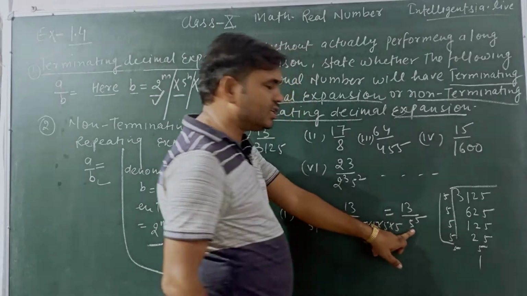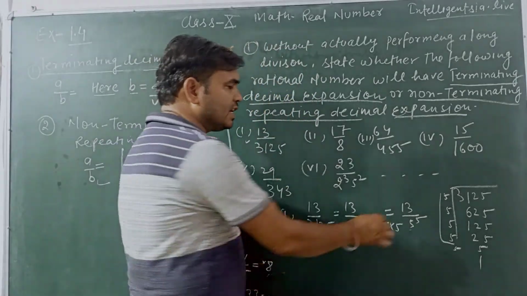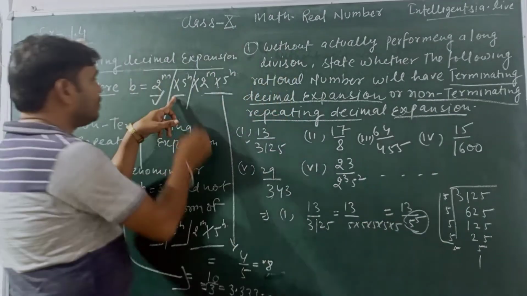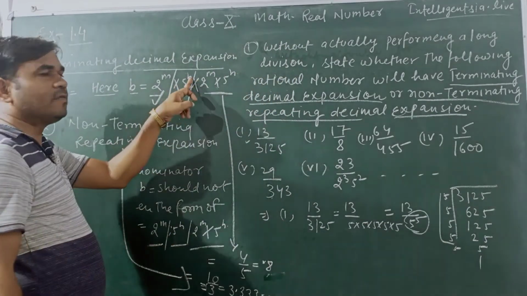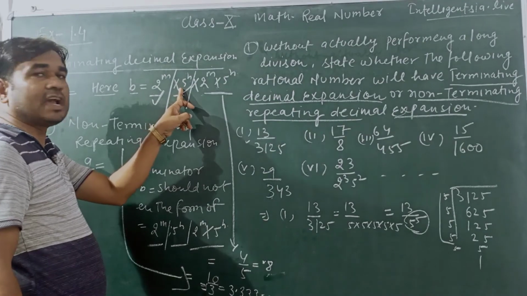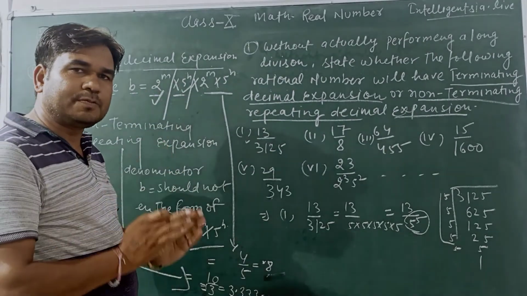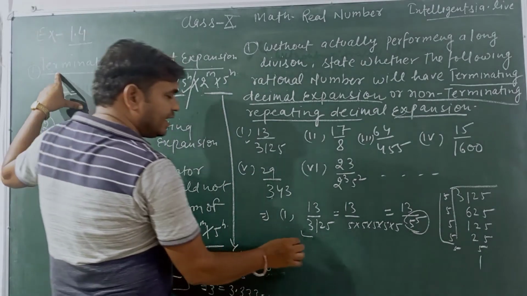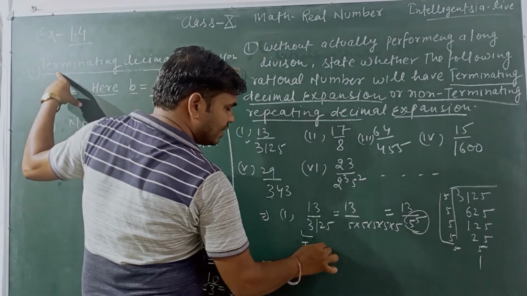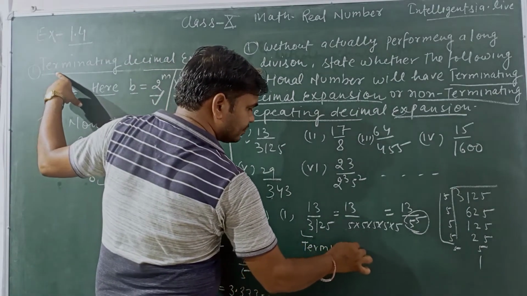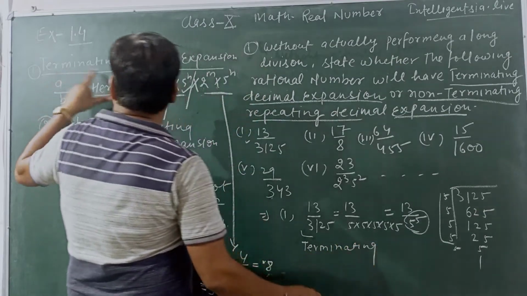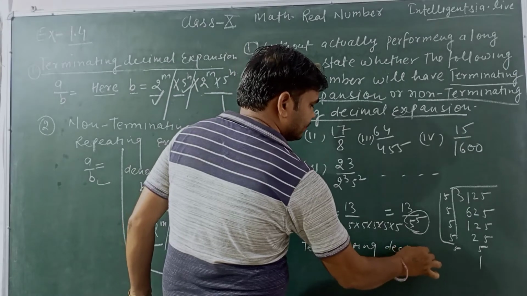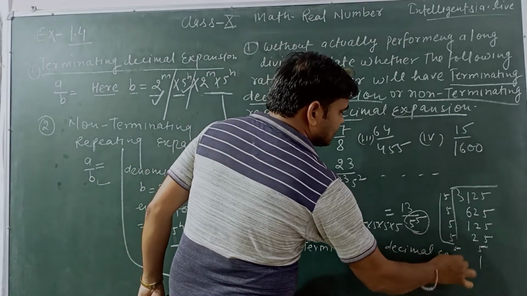So here you see students, this is the condition: the denominator is 5 to the power 5. So we have to find here 5 to the power n. This is called terminating decimal expansion.